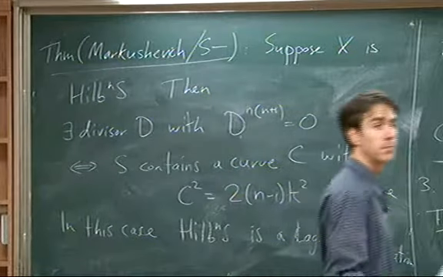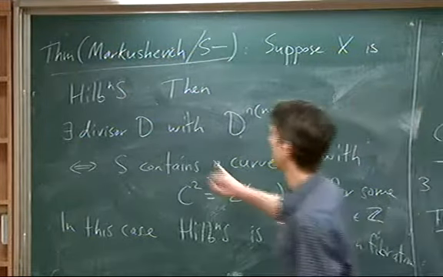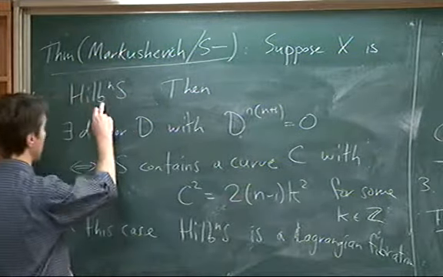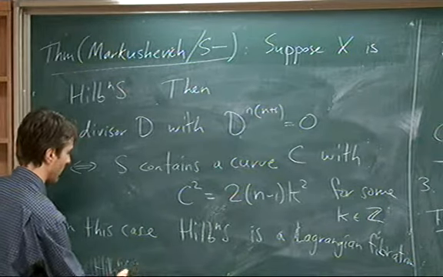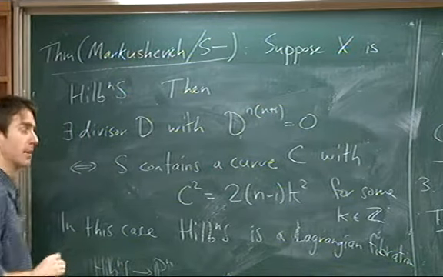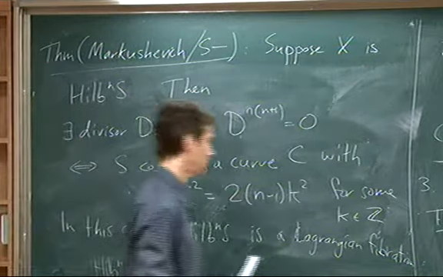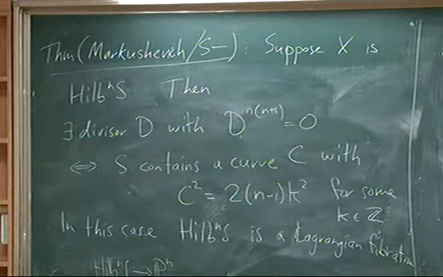When you say Lagrangian fibration, you're supposed to have a map from this to some space. What is it from this to? Pn. So it's a Lagrangian fibration over Pn. When you say Lagrangian fibration, you always mean over Pn? Yeah.